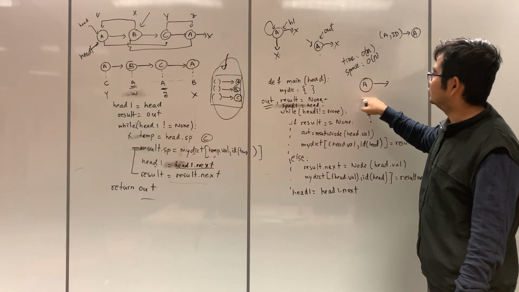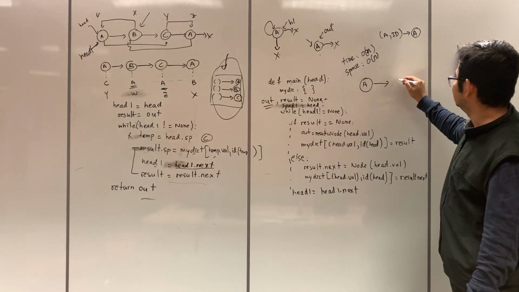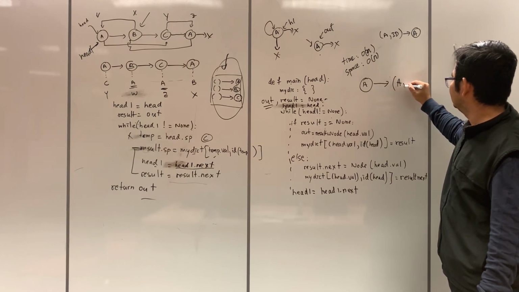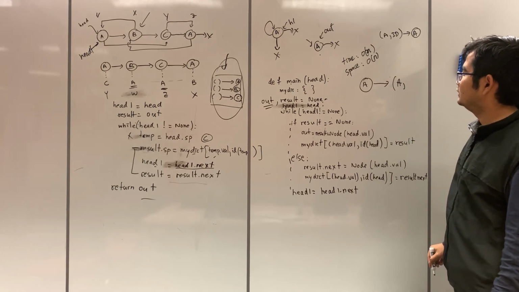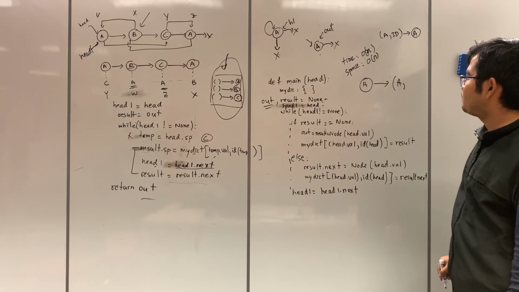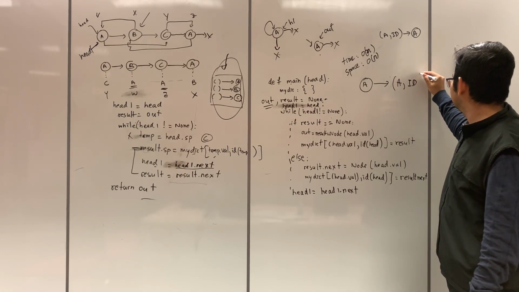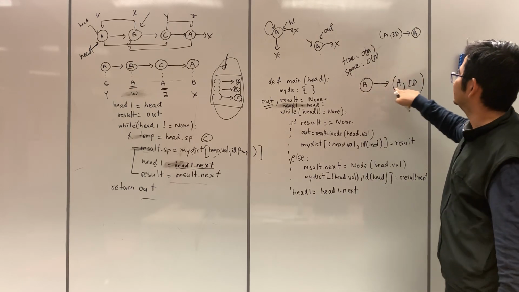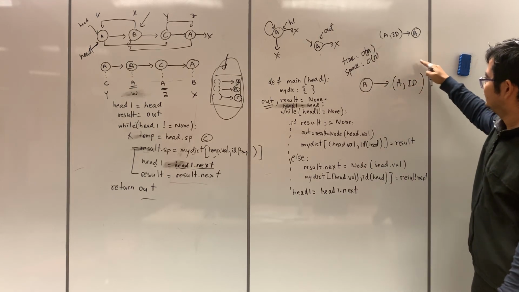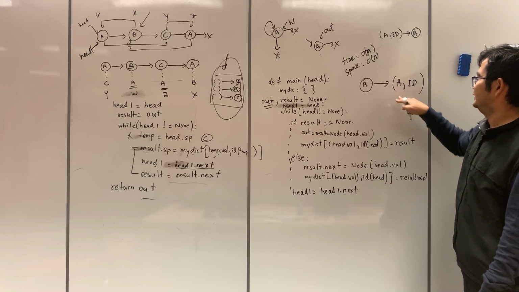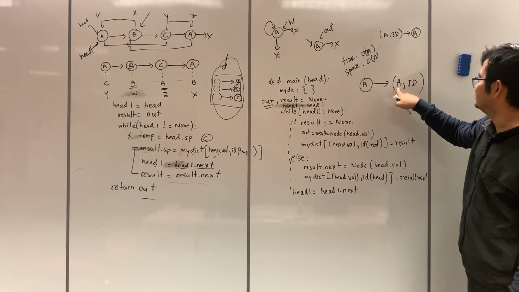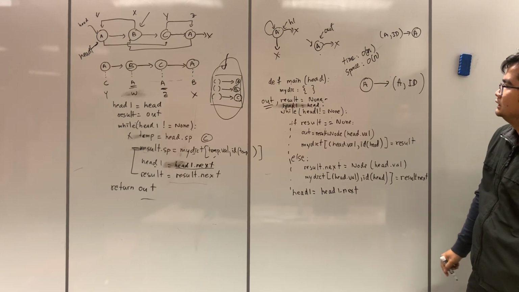So this would be the clone nodes to a value and the ID. So this is the clone node, and this is the value of the original node and ID of the original node.